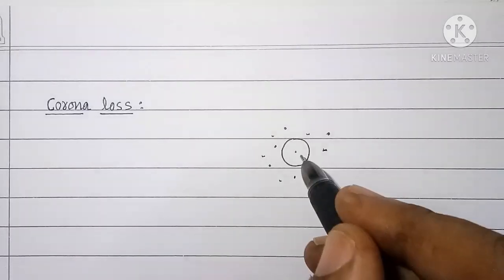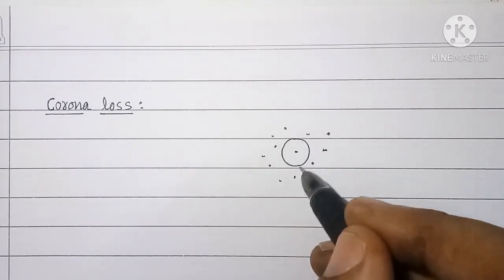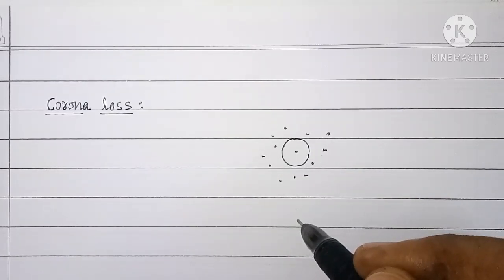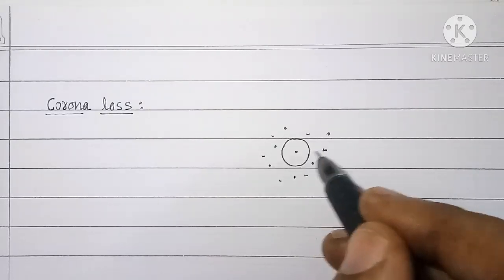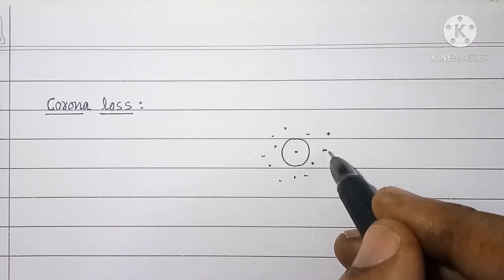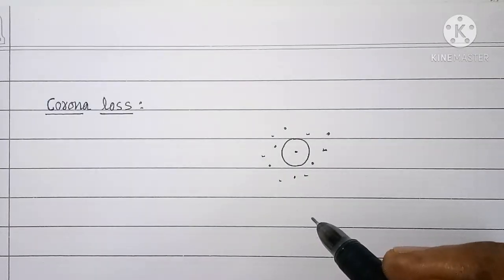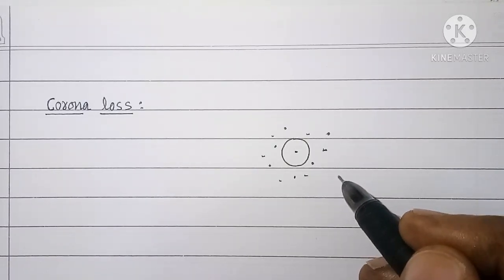That means the increase in voltage at which the conductor is operating will result in transfer of certain energy to the ions, and this transfer of energy to the ions is referred to as loss due to corona.